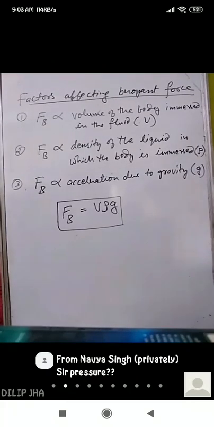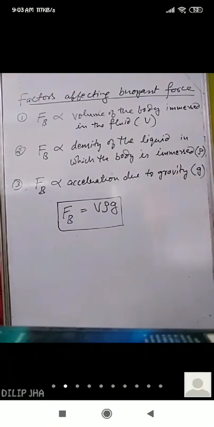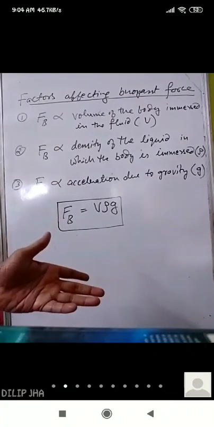As the temperature of the medium increases, its density decreases. The density of the liquid decreases, and when the density decreases, upthrust will also decrease. So as the temperature increases, the density of the liquid or fluid decreases, and because of the decrease in density, upthrust will also decrease.